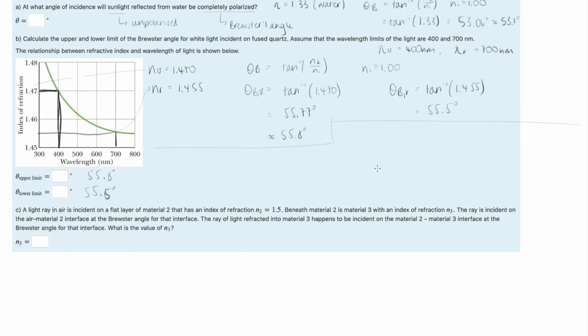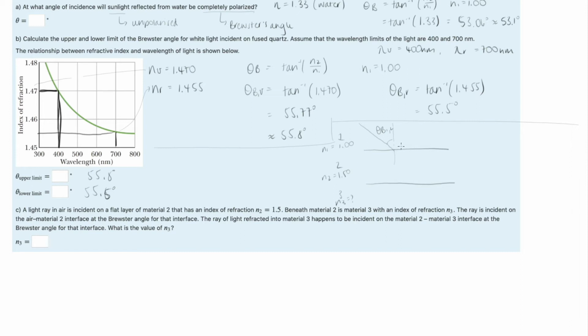So what we have is a couple of materials. We have material 1, material 2, material 3, and then we have light coming in, incident here. Now this here is the Brewster angle for material 1, 2, and this is air, I believe. Yep. So this has a refractive index of 1, material 2 has a refractive index of 1.5, material 3, we don't know what it is.